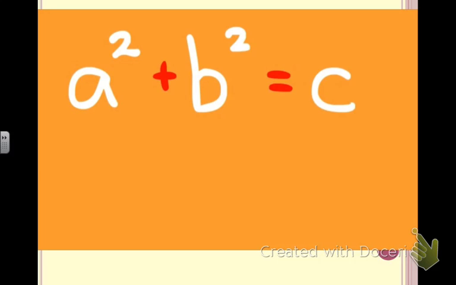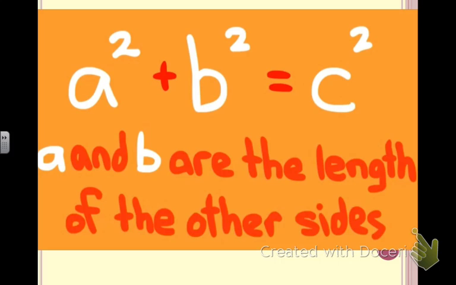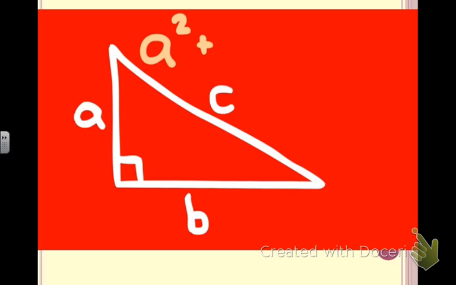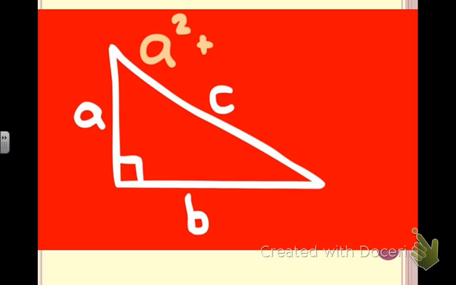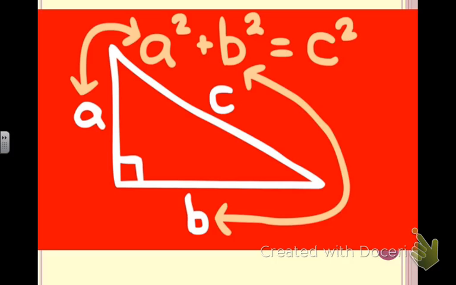A squared plus b squared equals c squared, where a and b are the length of the other sides. A squared plus b squared equals c squared, where c is the length of the hypotenuse. A squared plus b squared equals c squared, where a and b are the length of the other sides.